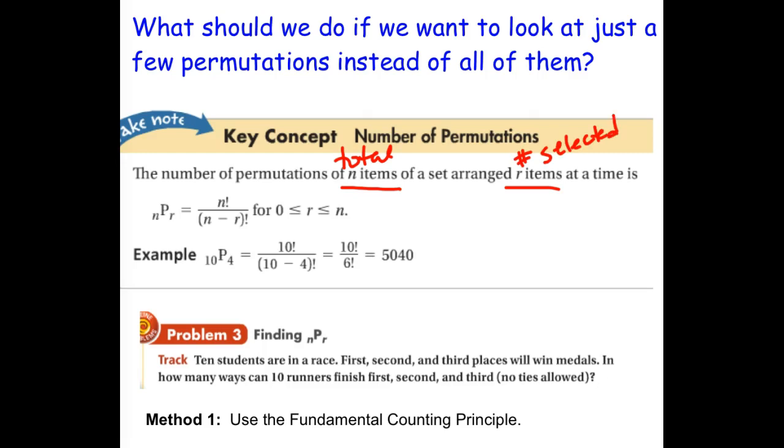The formula says nPr, the number of permutations of n objects taken in groups of r, is n factorial divided by the quantity n minus r factorial. So our example here, 10P4, means we are taking 10 objects, we want them in groups of 4. So we have 10 factorial on the top, and then we have the difference between n and r, so 10 minus 4, or 6 factorial on the bottom. Okay?